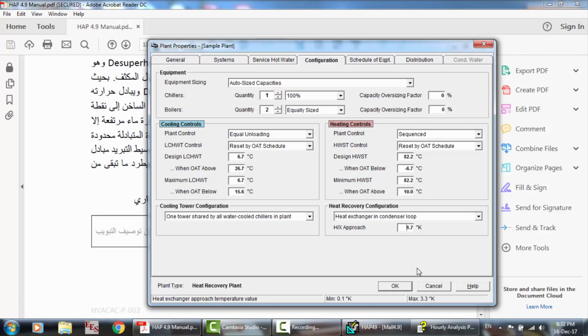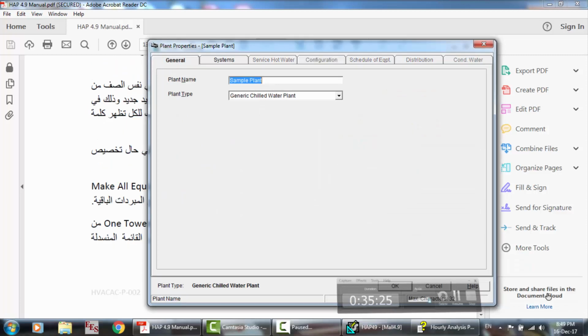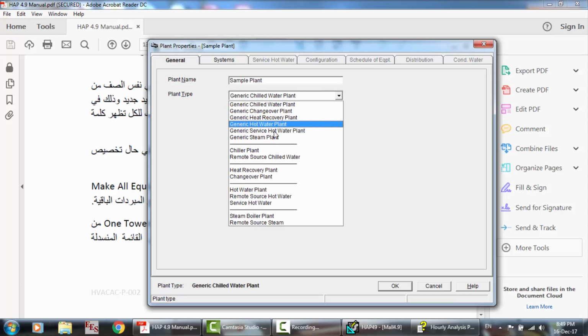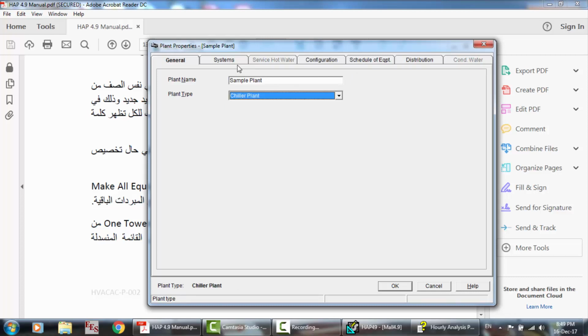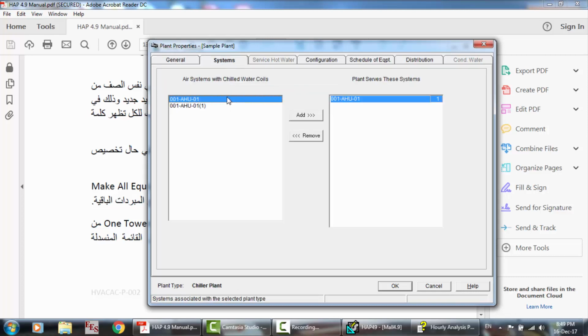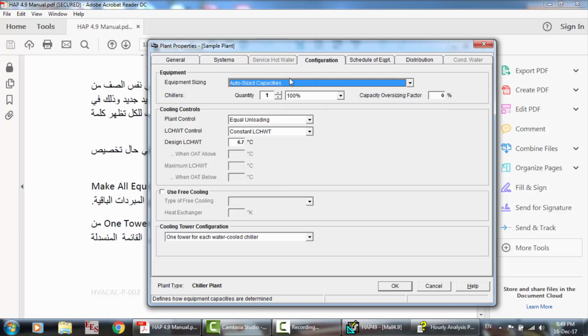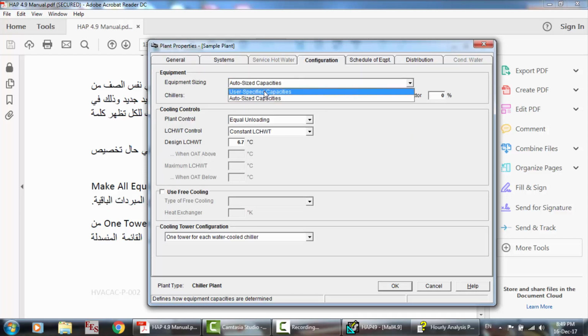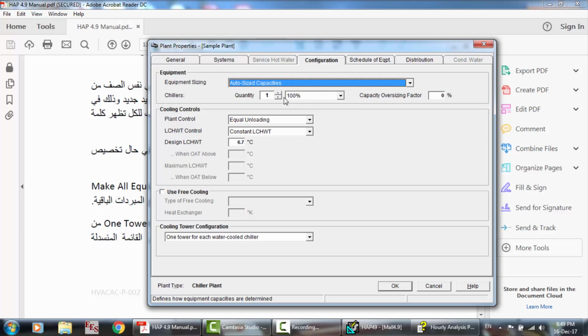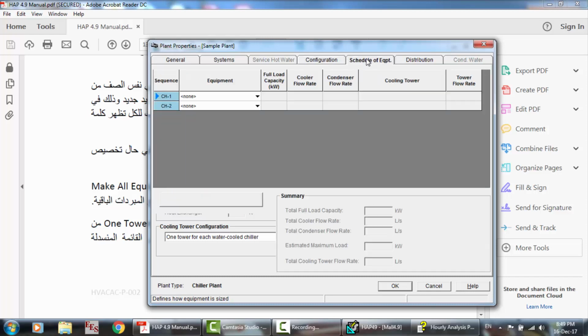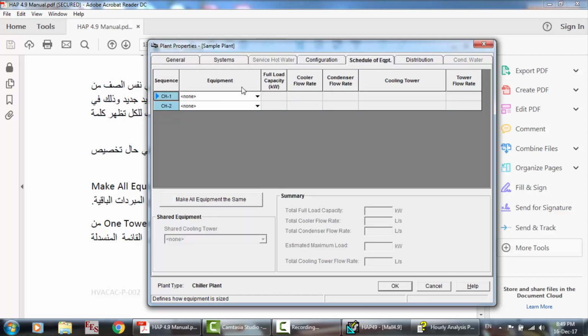Now gentlemen, for the schedule of equipment, suppose we have chiller systems. In the configuration, we make auto sized capacities, and here quantity 2. The schedule of equipment here is the sequence: chiller 1, chiller 2.